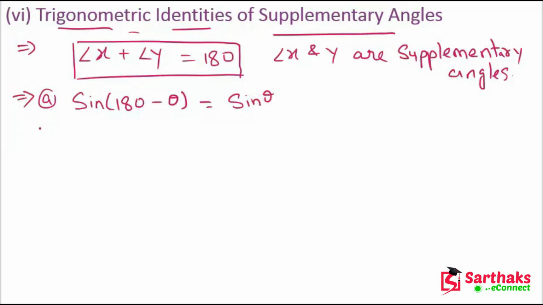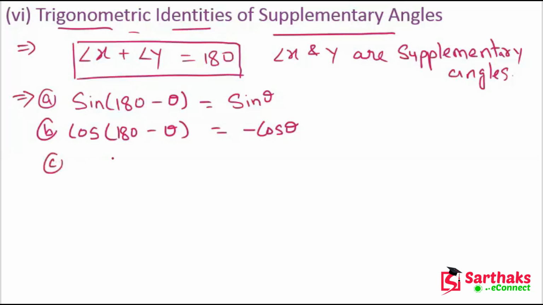Now B part is cos 180 minus theta, so this is minus cos theta. This is minus cos theta.